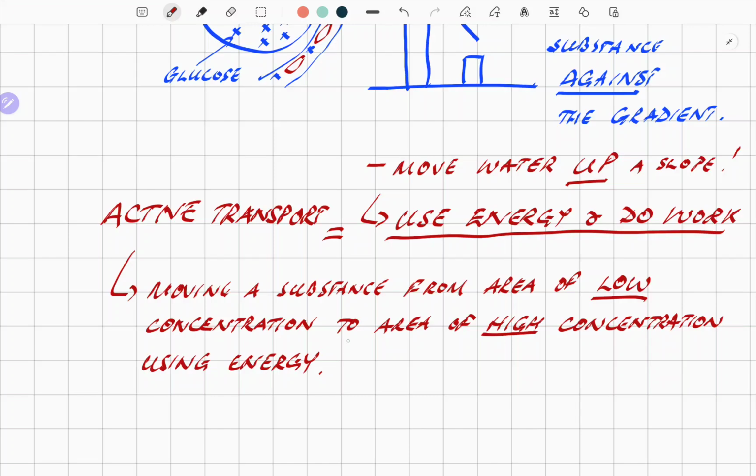And that's obviously against the gradient, the concentration gradient.